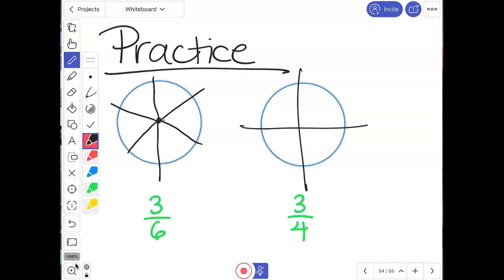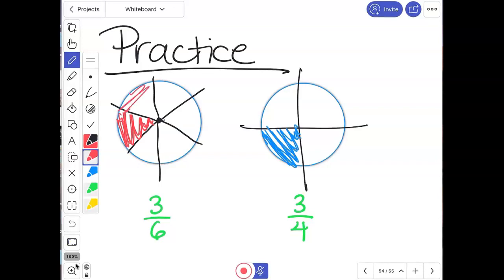Okay. Here's a good example. If I was just looking at 1/6 versus 1/4, do you see how this piece of pizza is skinnier than this piece of pizza over here? This is a big honkin' piece of pizza. And this is a probably normal sized piece of pizza.